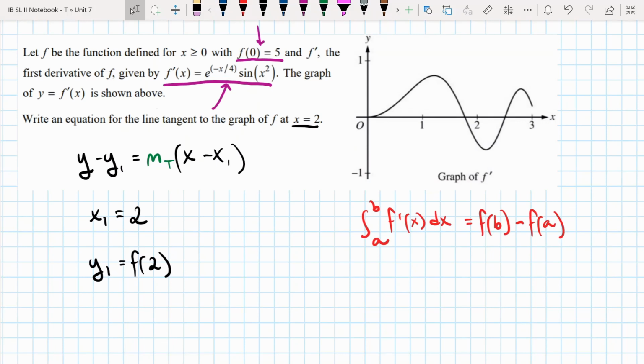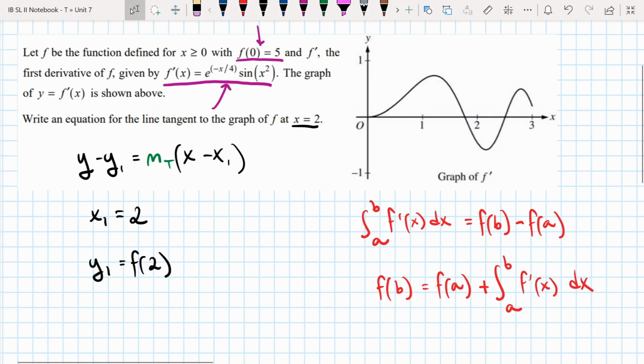And what we can do here is actually solve this for f of b. So if I move the f of a over to the other side, f of b is equal to f of a plus the integral from a to b of f prime of x dx. And this second equation here is what we're going to use to evaluate f of 2.